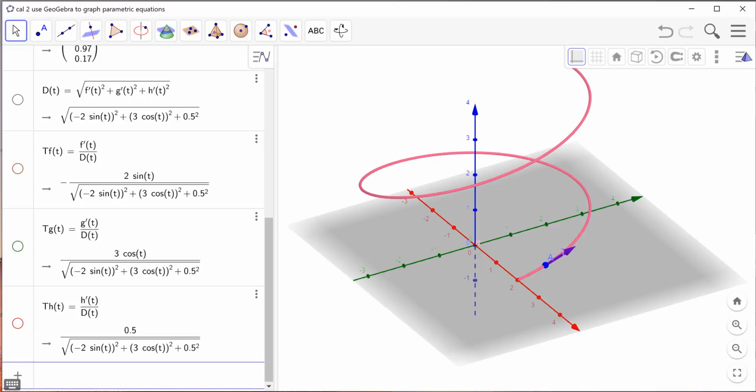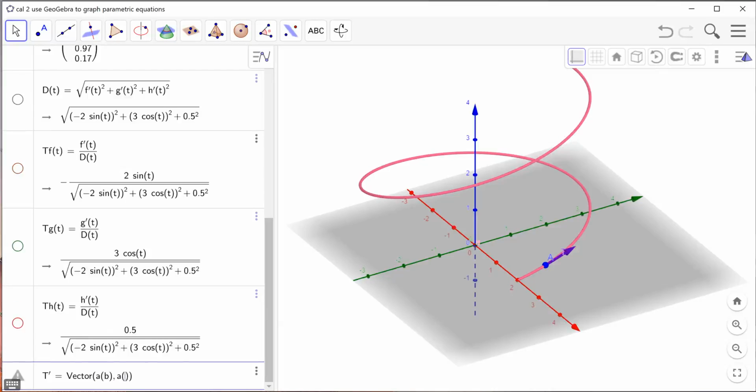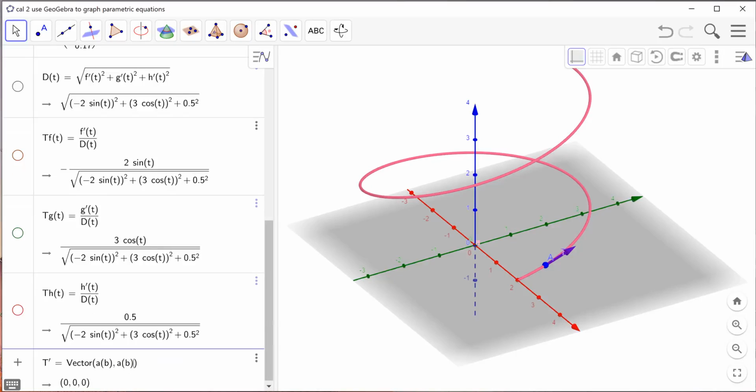All right, so we're ready to define our T prime. So input T prime. T prime equals the derivative of the unit tangent vector at point A. It's going to be the vector whose start point is the point A, so A of B, and endpoint is A of B plus the vector, which has three coordinates.